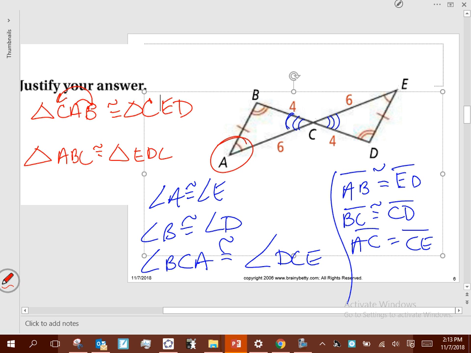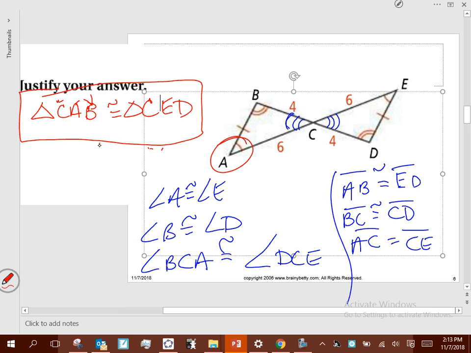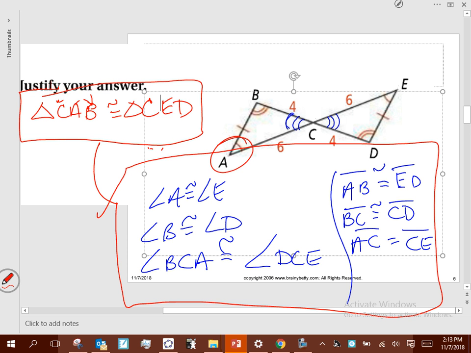What that does, guys, I'm just going to talk about that top one. When I write this top one, it is effectively giving me these 6 things. If you had the option to tell somebody that they have 6 congruencies, would you rather write those 6 individual congruencies out, or would you rather write it this way?